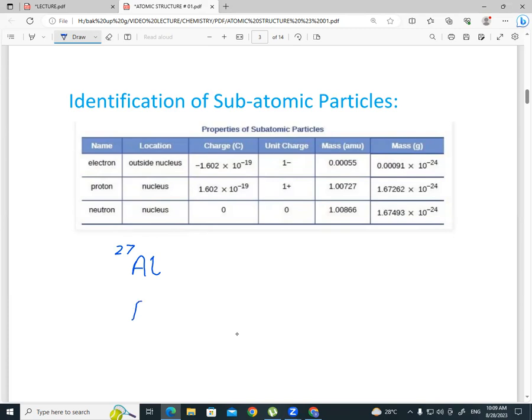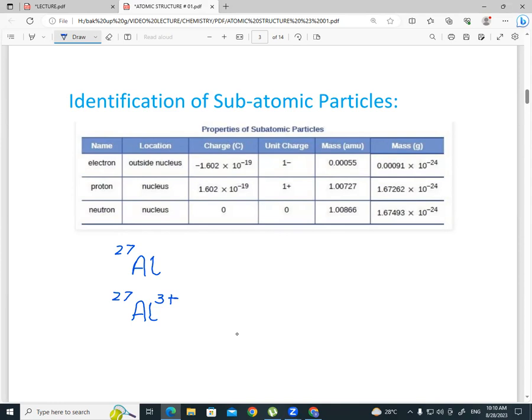After losing 3 electrons, it becomes an aluminum ion, but still its mass is 27, because there is no change in the number of protons and neutrons in the aluminum ion. So it proves that atom and ion masses remain the same, because here we neglect the mass of an electron.